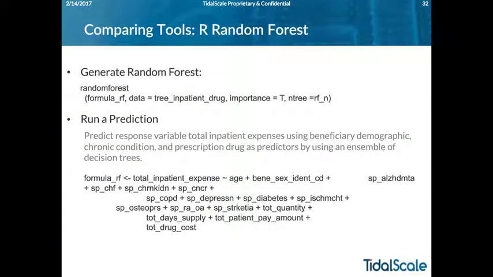Now, again, remember we were showing random forest, that's the comparison thread here, whether you're using Spark or Python or R. You can look at random forest here, and what we've got is one of data science's favorite languages, very simple to use, clean once you get used to it, and you're able to run a prediction.